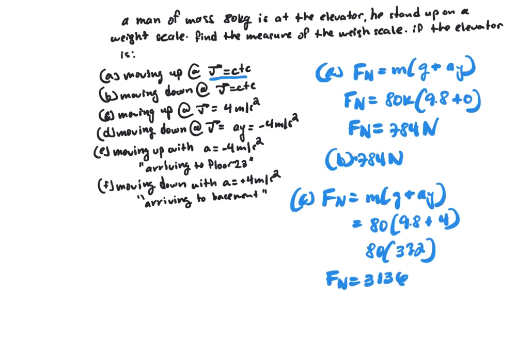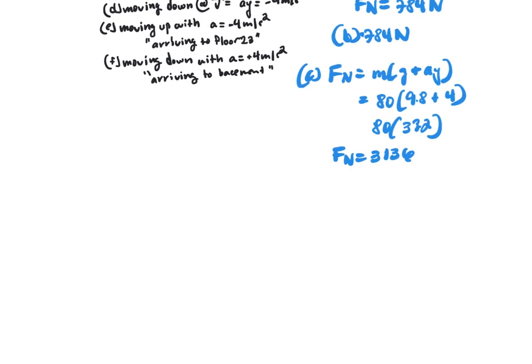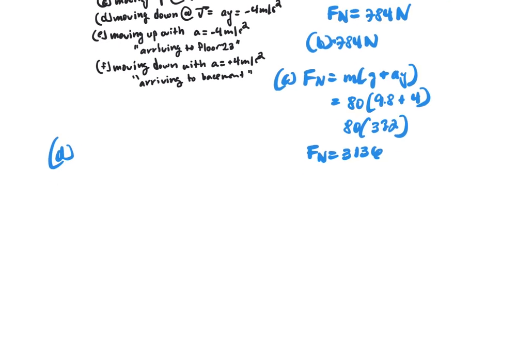Now let's continue to part D. D says that it's moving down with a -4, but either way, same thing. Fn is mass times gravity plus acceleration in the y direction.